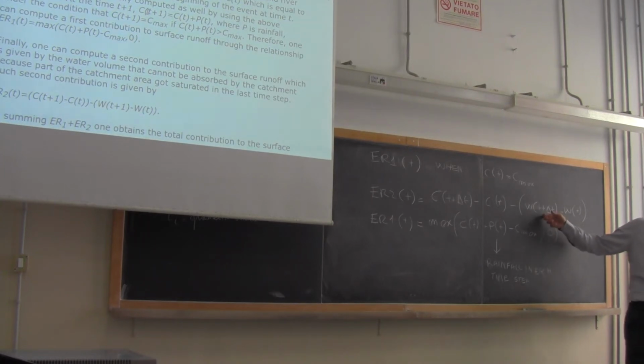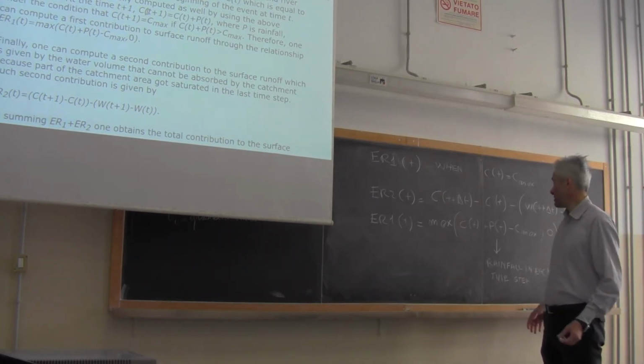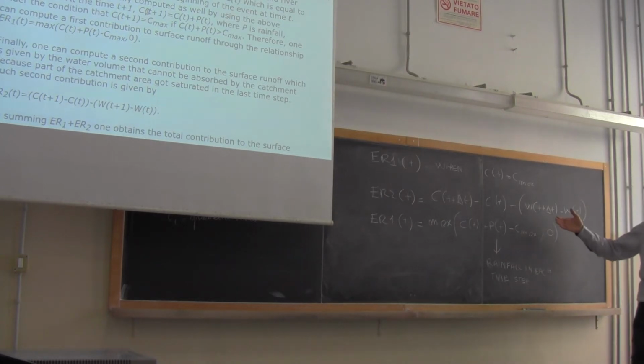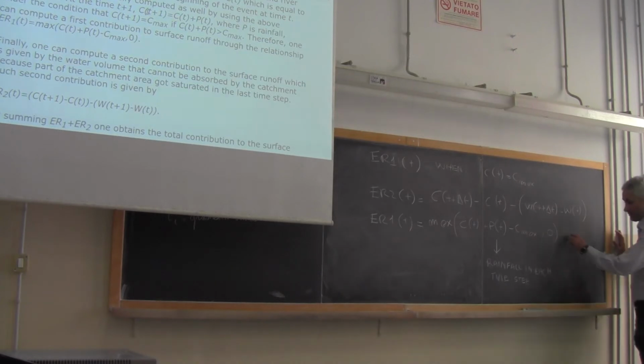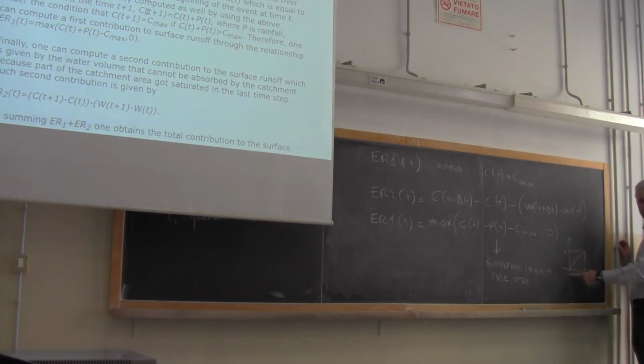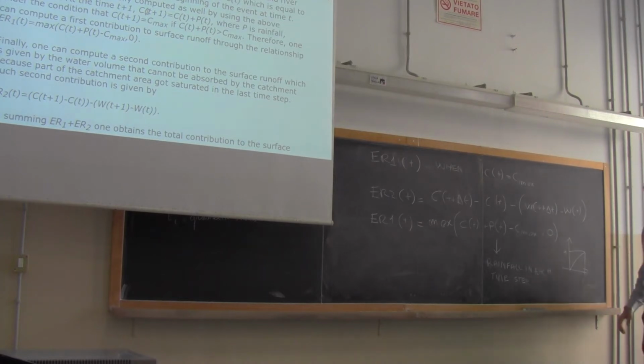This other one is not 0, because when it rains, or let's say maybe it may still be 0, but at a certain point, typically if the curve of the catchment starts from the origin, up to Cmax, if it starts from the origin, it means that this is never 0 when it rains.